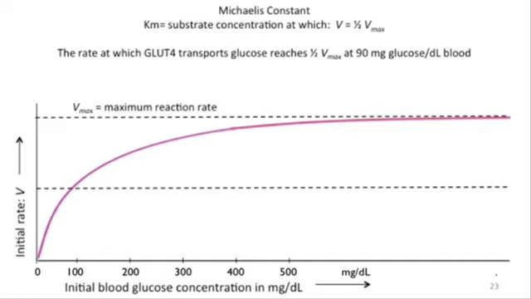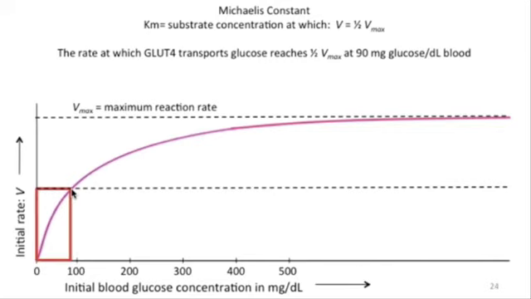So in order to find the Km value from a simple plot, first you have to look at what the Vmax is. What's the fastest rate that this enzyme can work at? Then you simply go halfway down. The Km by definition is the substrate concentration at which the initial rate is equal to half the Vmax. So you look at the intersect between this horizontal line, halfway between Vmax and the origin, and then you track down.